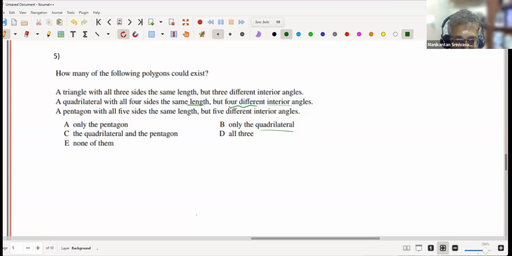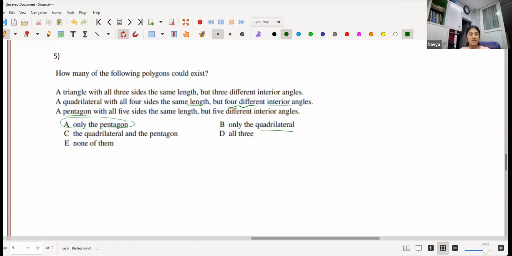Okay, a pentagon with 5 sides. Okay, how are you ruling out A? How are you ruling out only pentagon? Navya, I'm not saying you're right or wrong. I'm just asking you. Because a pentagon will need to have a specific sum of all of the angles, and if it has an equal number of sides, then if you divide it equally by 5, it should just give you the same interior angle.